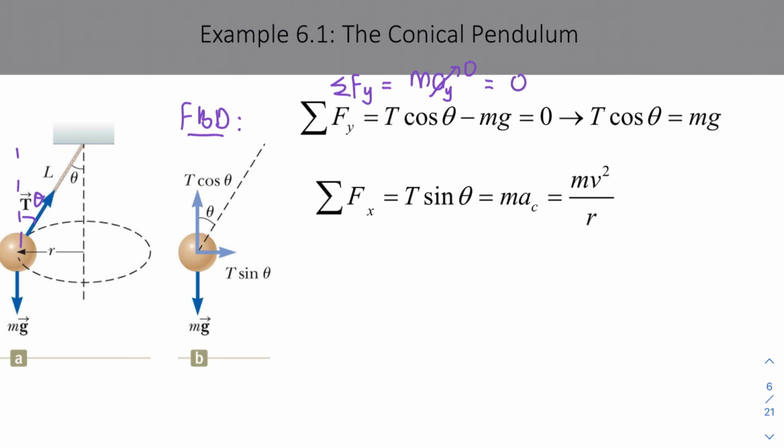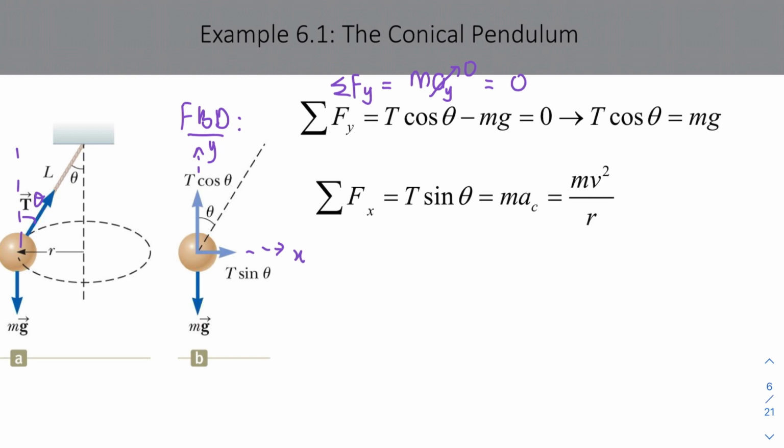Along the y-axis, we have T cos theta, positive because it's pointing upward, as usual in our setting of reference axis. Then we have mg downward, which takes a negative sign, equal to 0. So from here, T cos theta is equivalent to mg. For the x component, we have summation of F_x equivalent to m a_c. How do we know this is a_c?